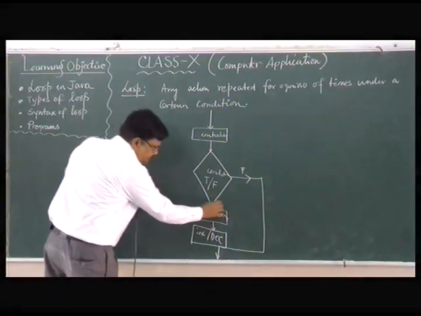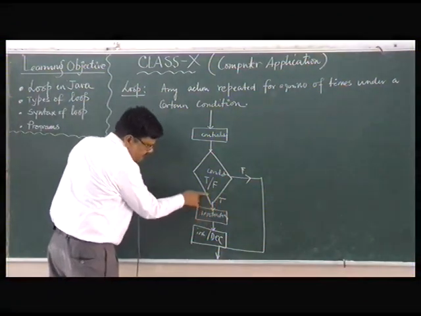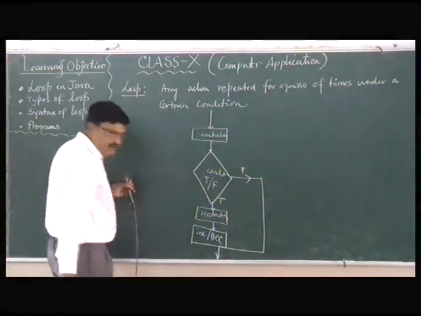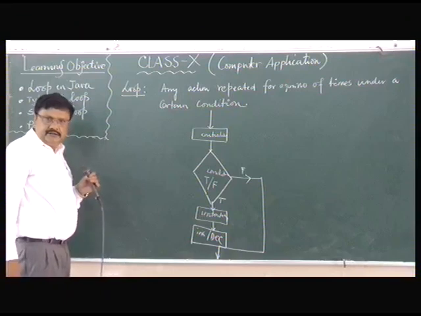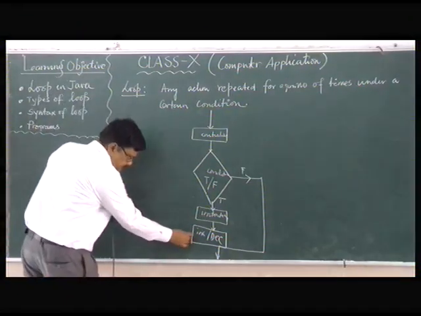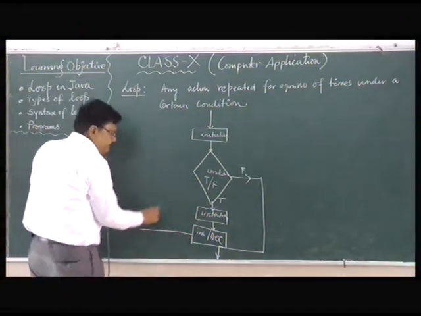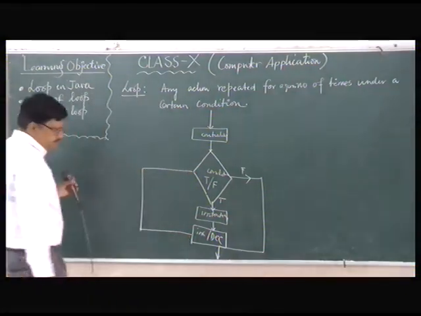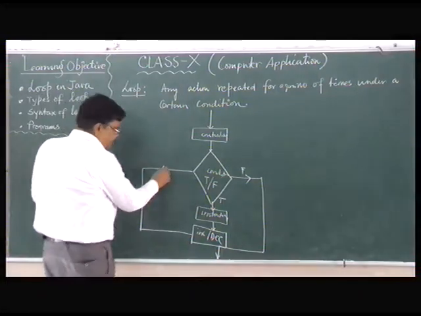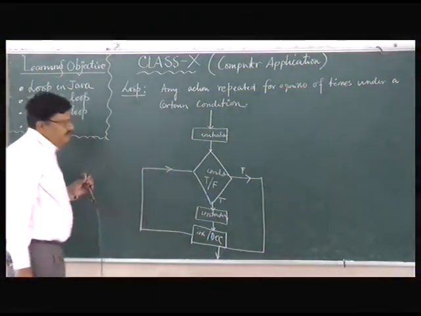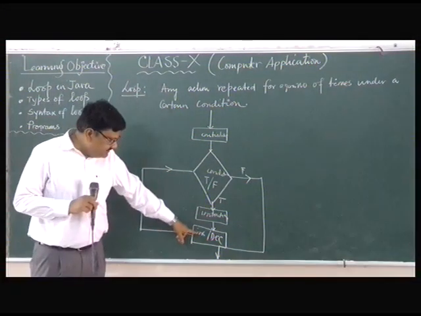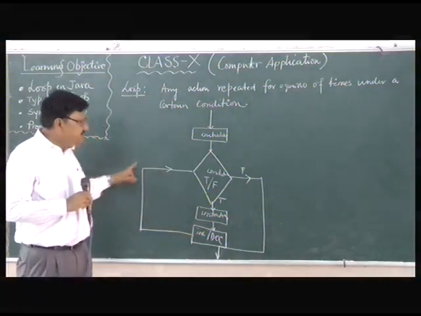If true, it will go to the instruction or body, and then go for the increment or decrement of the variable. Then it will go back and check the condition again.